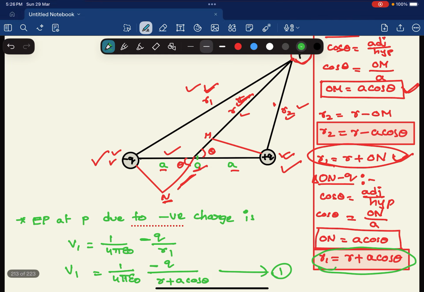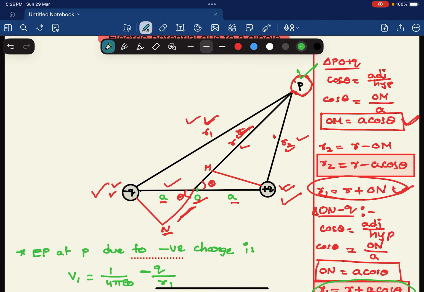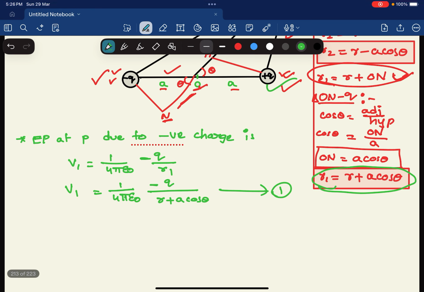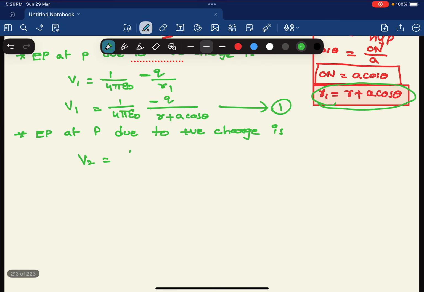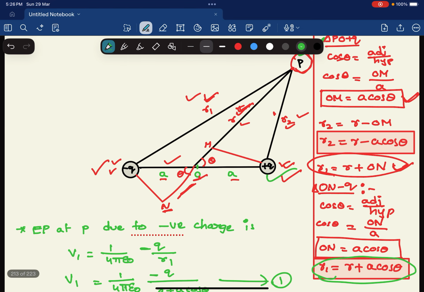Okay, same like that, I'm going to calculate electric potential at point P due to the positive charge. So I'm going to write electric potential at point P due to the positive charge is V2 is equal to 1 by 4 pi epsilon naught into plus q by R2, right?